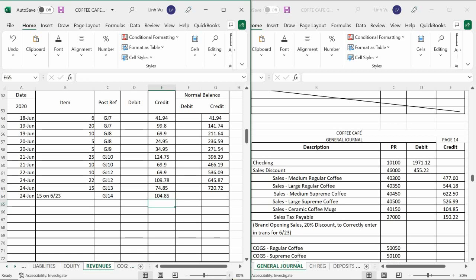$825.57. 825 and 70 and 57 cents. Good. Okay. So let's see. Then we have to do some sales tax.